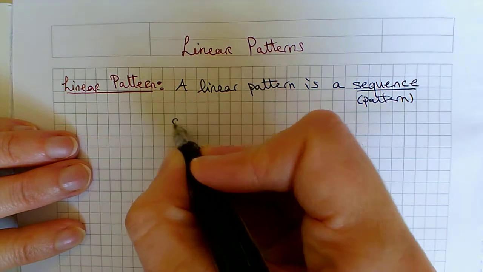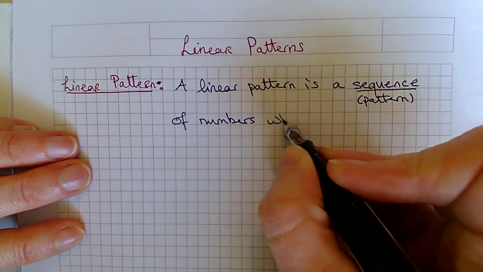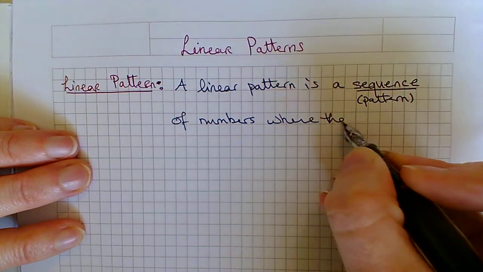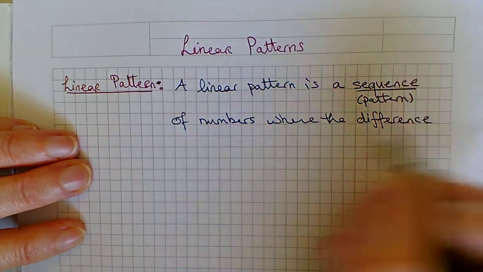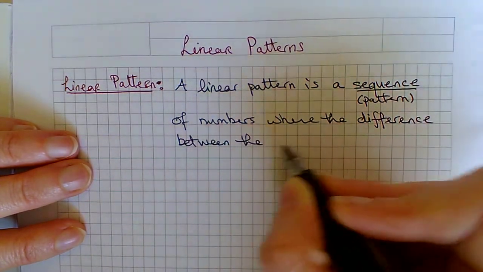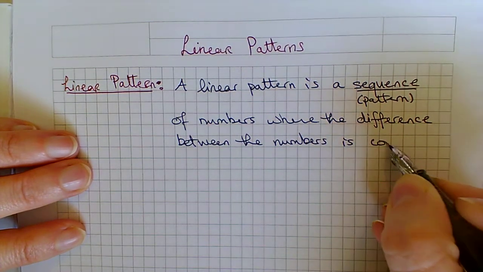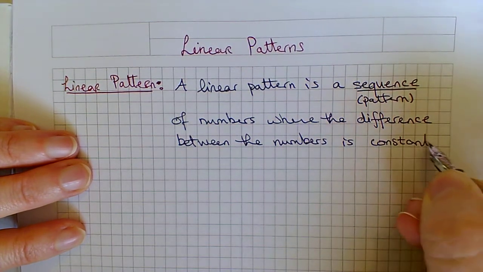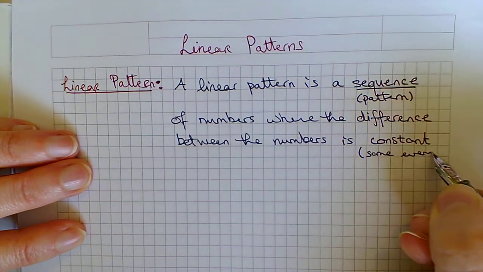Is a sequence of numbers where the difference between the numbers is constant. Now we've seen that word before. Constant means it's the same every time.